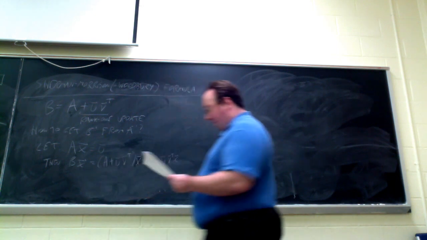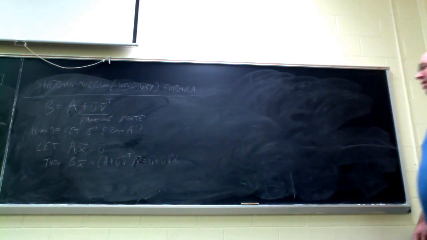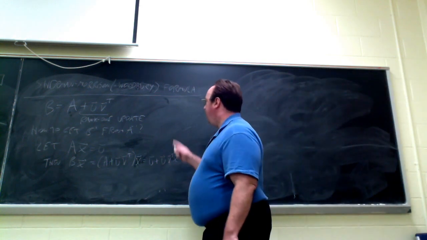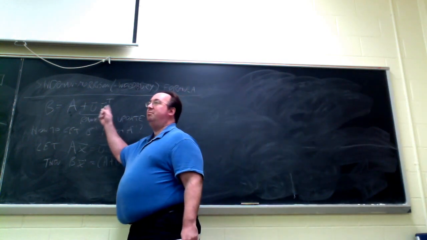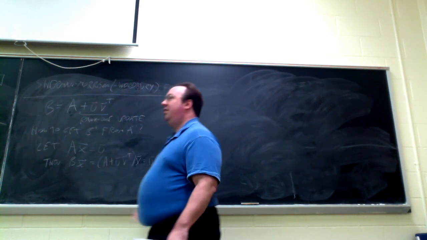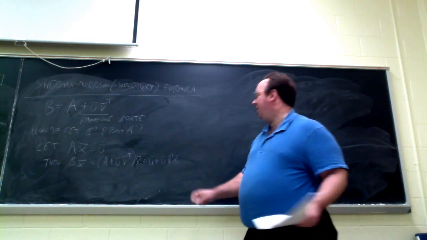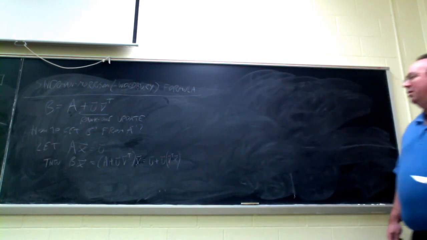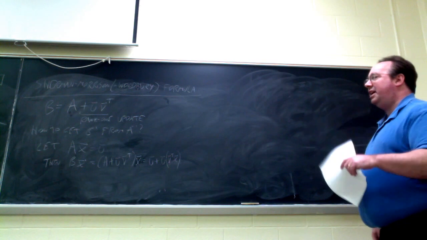V transpose X. Now what gets interesting here about outer product matrices like this is when you take an outer product and you multiply it by a vector, what you get is an inner product right there. So V transpose X, that's just a number. And because it's a number, I can move that around.